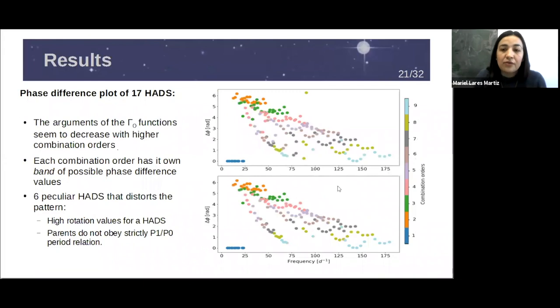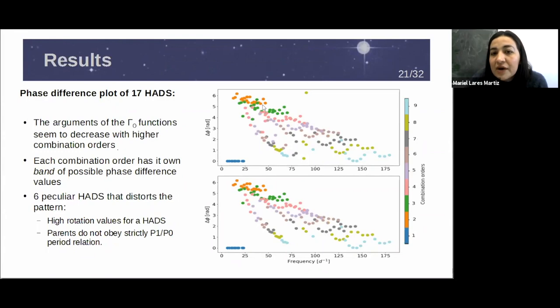And this is what we obtained for 17 high amplitudes. The argument of the gamma function seems to be decreasing with higher combination orders. And this tells us that for each combination order, the argument of the gamma functions could take different values in a band, but with increasing combination order.